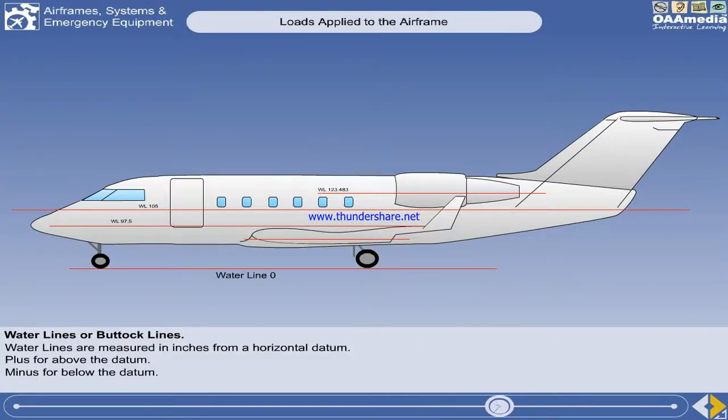Vertical position is identified from the horizontal datum. These positions are known as water lines or buttock lines and are measured in inches from the datum. Plus is used for locations above and minus for locations below the datum. In this example, the datum is at the bottom of the extended landing gear.